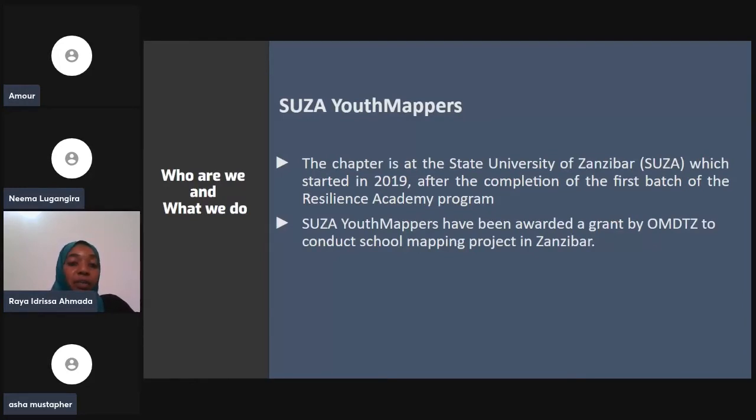And our chapter is quite, I can say, new. It was established in 2019 after the completion of the first batch of the Resilience Academy program, under the GICT project, which is continuing at the State University of Zanzibar.